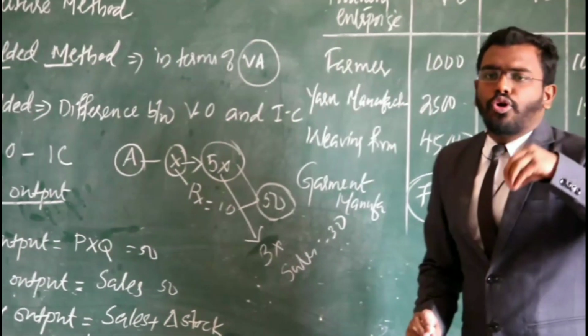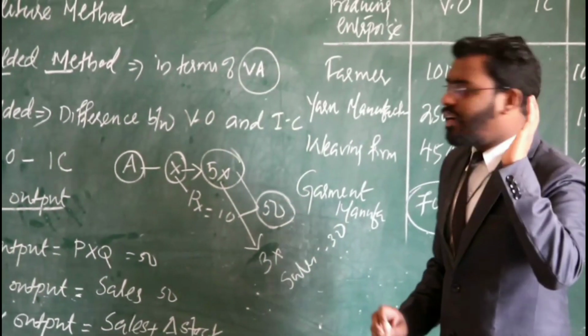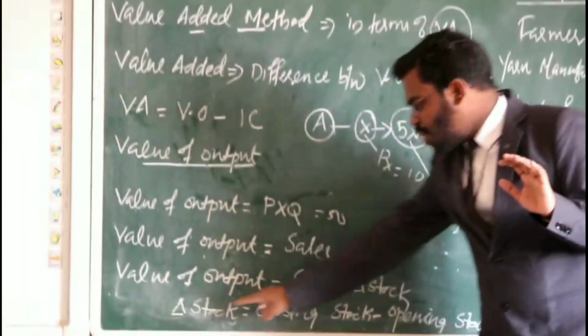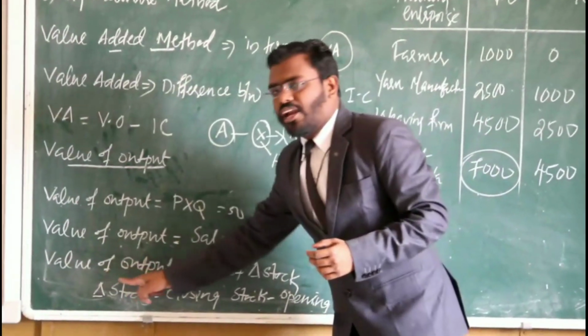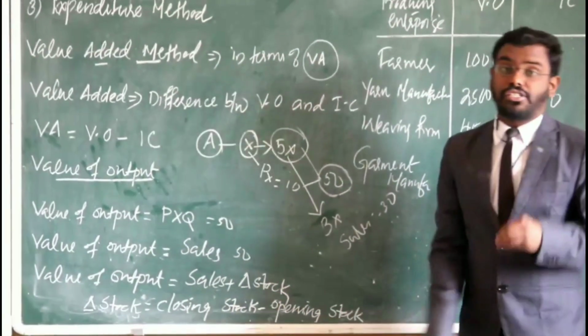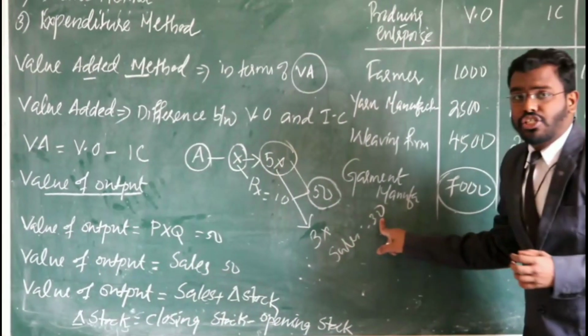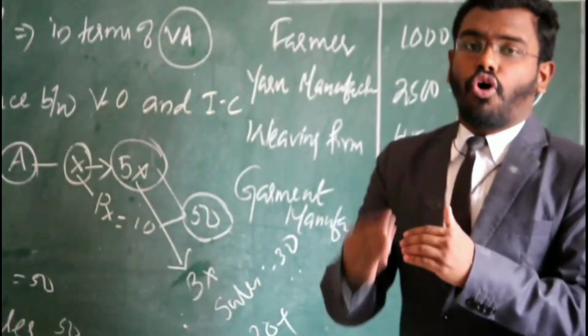If the producer cannot sell his entire output, at that time we use this formula for calculating value of output: value of output is equal to sales plus change in stock. Here sales is equal to 30, plus change in stock.